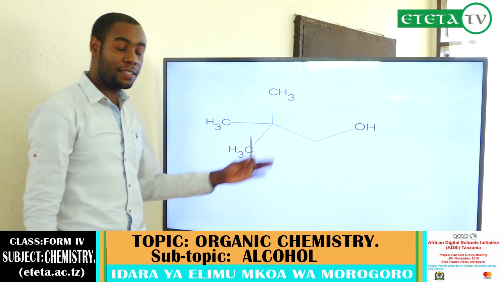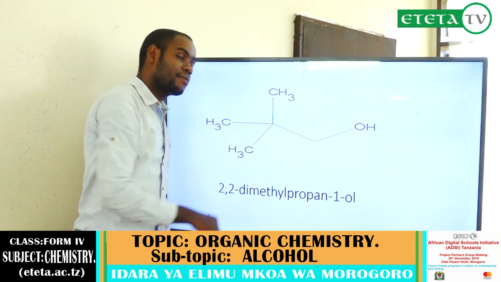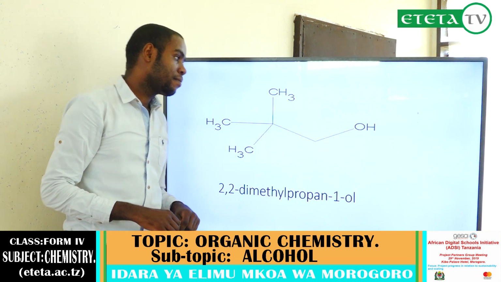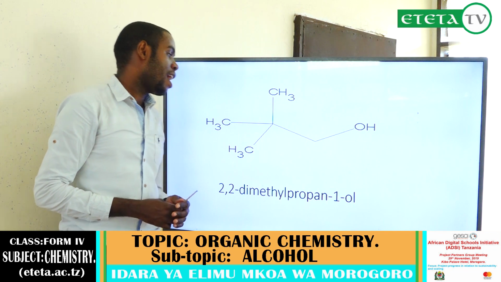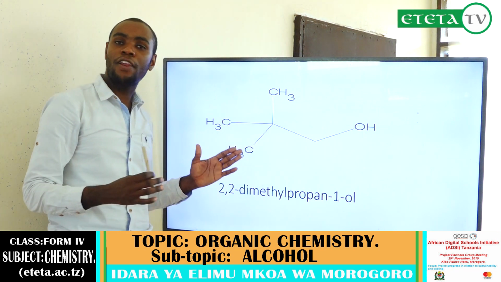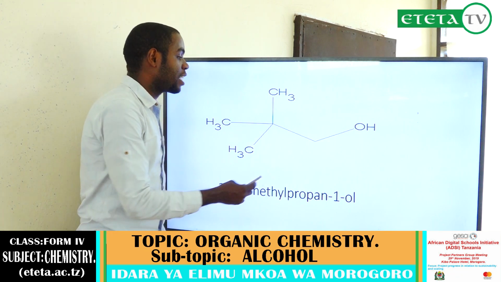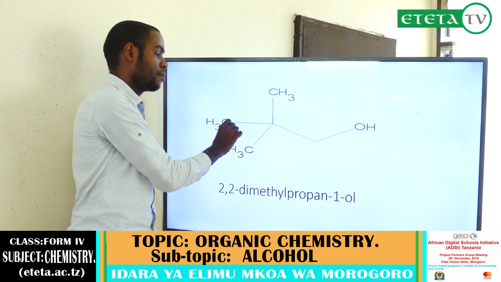Now another example is this one here. As I said, the first rule is to identify the longest chain. Here the first option is 1, 2, 3.